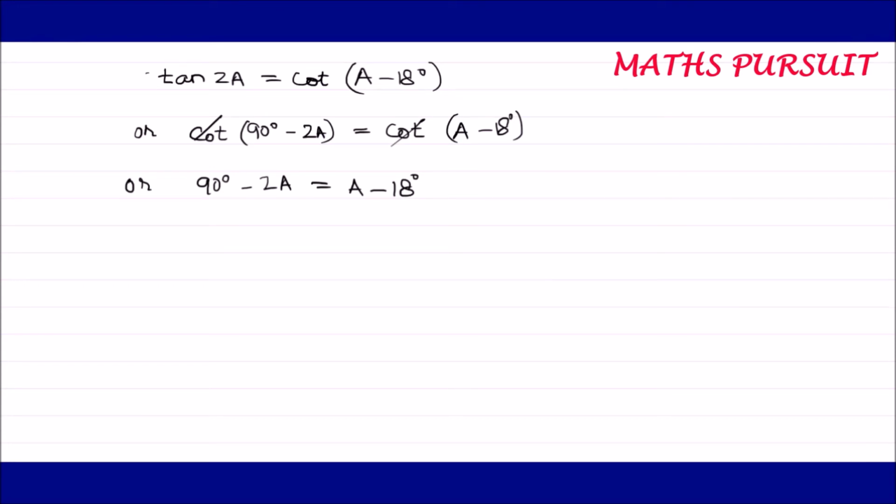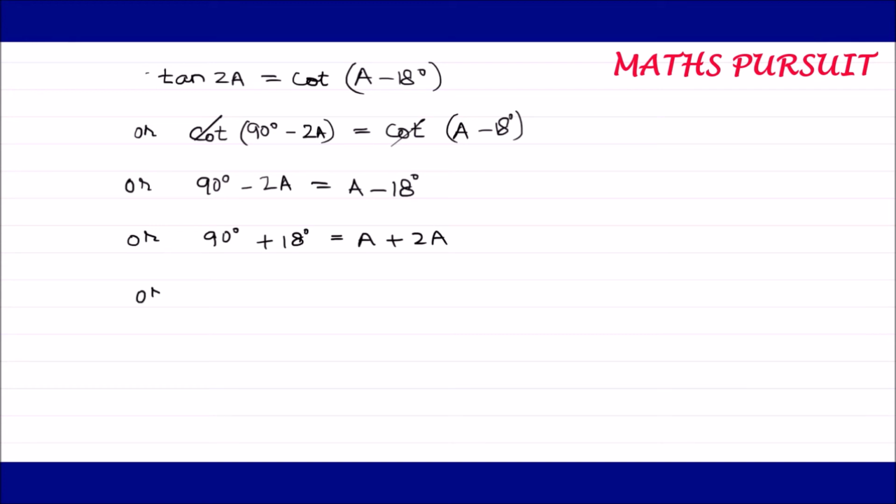Now let us solve this equation. I can write 90 degrees plus 18 degrees, just moving 18 degrees from the right hand side to the left hand side, is equal to a plus 2a. Just moving minus 2a from the left side to the right side, it became positive.